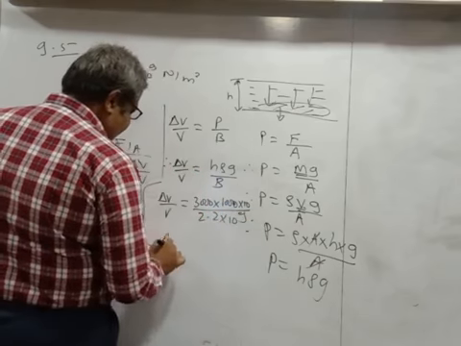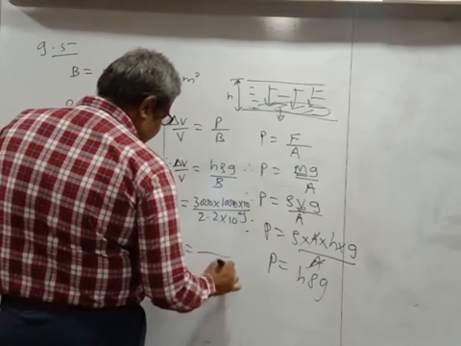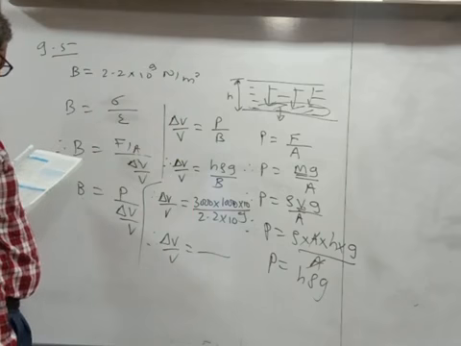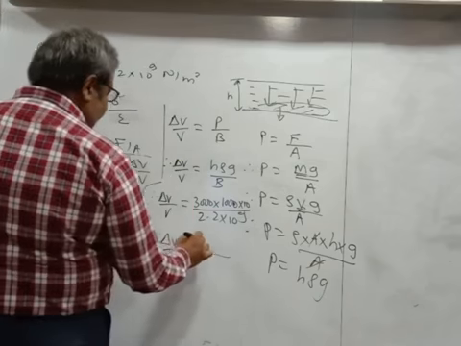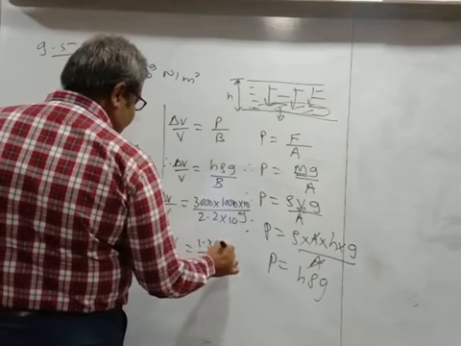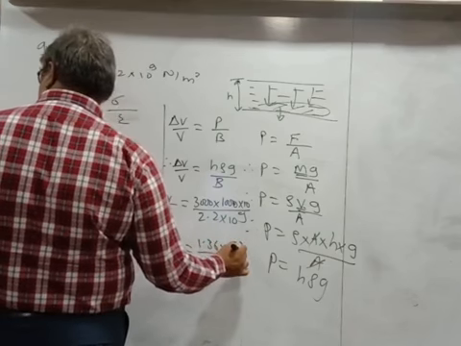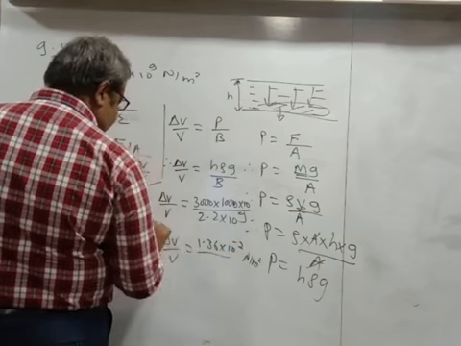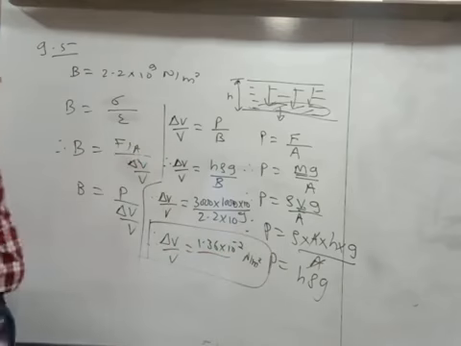So this delta V by V may come out as 1.36 into 10 raised to minus 2. So this is going to be your delta V by V, that is, the fractional compression.